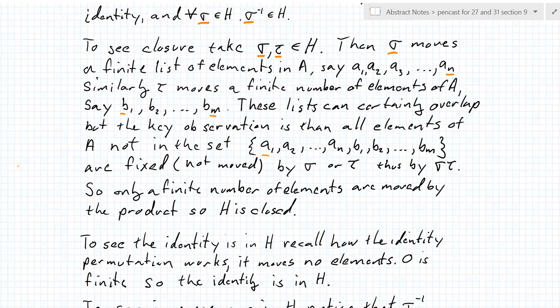So for an element k not on the list for sigma, sigma of k is equal to k. Right? So everything else is fixed, except for the finite number of things that are moved.